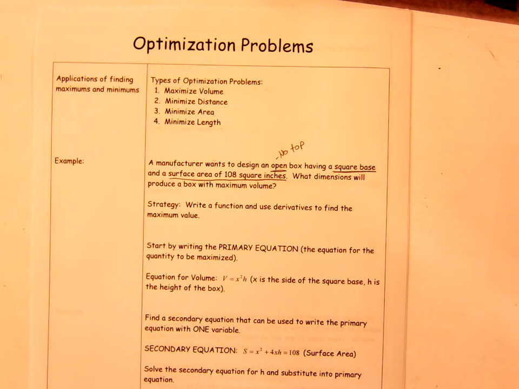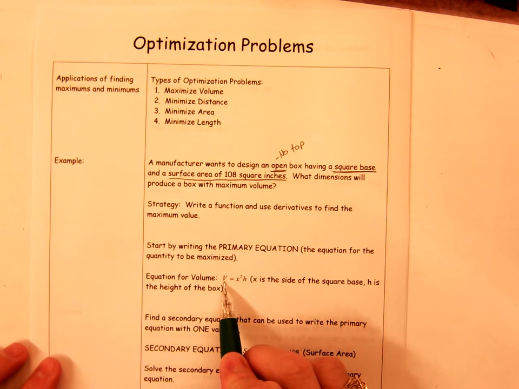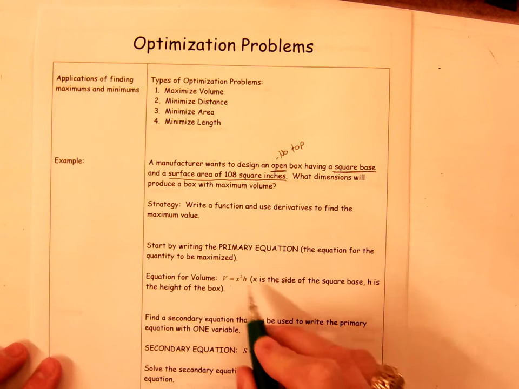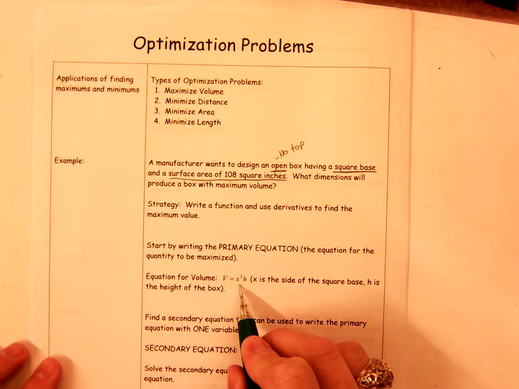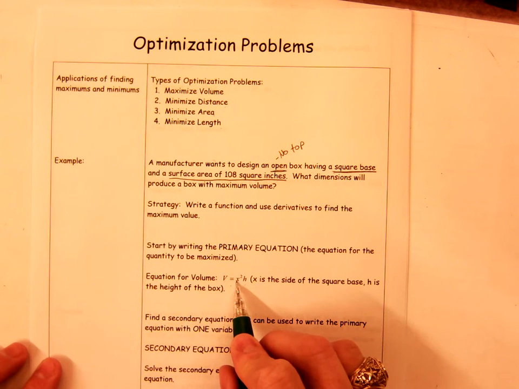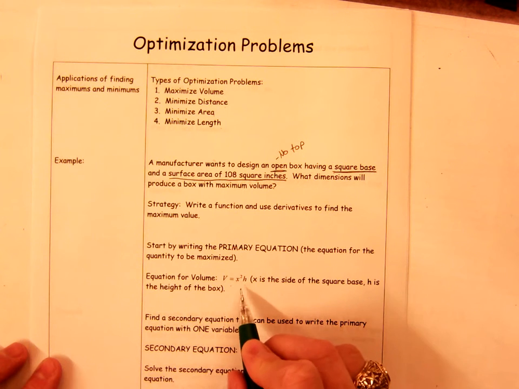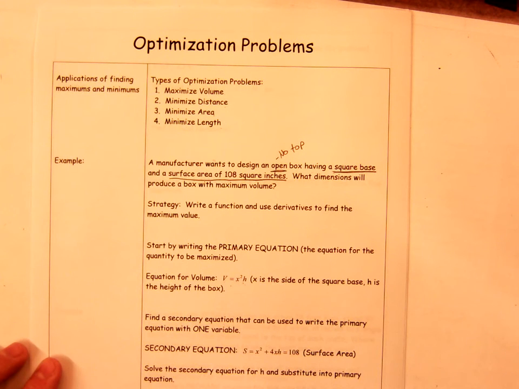What is the volume of a box? V is equal to the base, which they've told me is a square, times the height. So volume is equal to x squared, that's the area of the base, times the height. Questions so far?